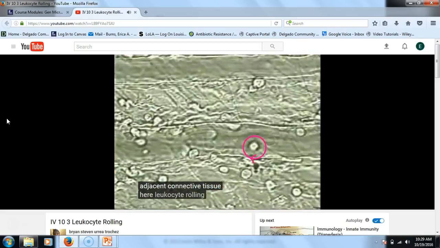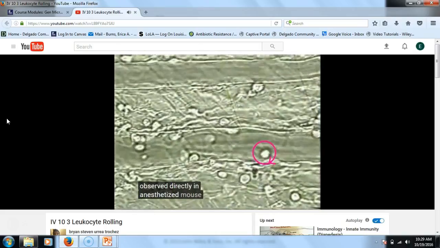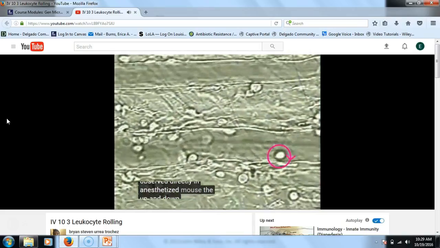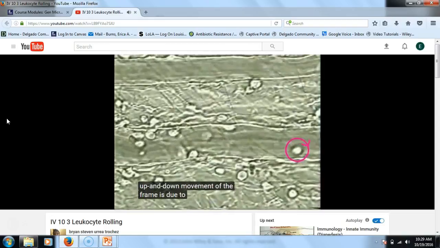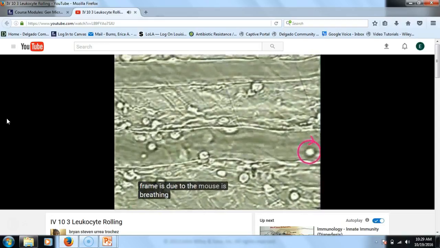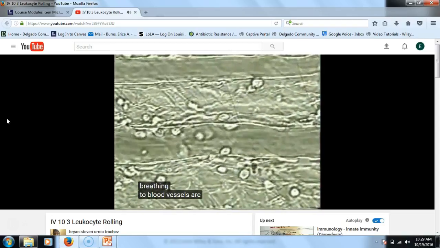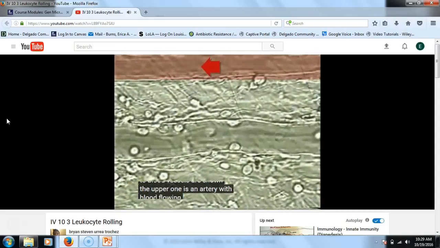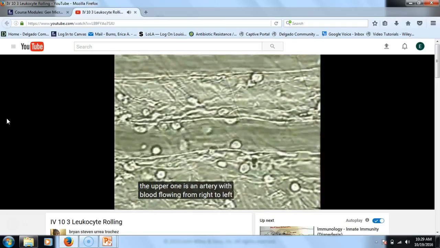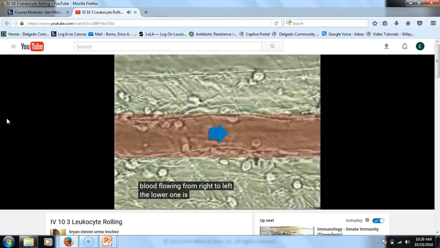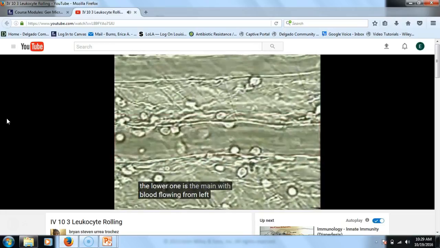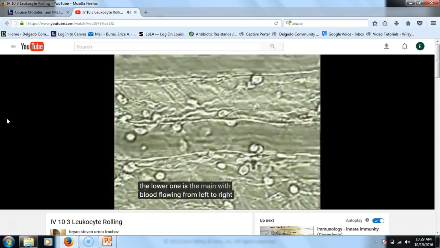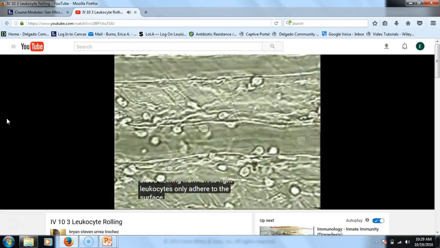Here, leukocyte rolling is observed directly in an anesthetized mouse. The up and down movement of the frame is due to the mouse's breathing. Two blood vessels are shown. The upper one is an artery with blood flowing from right to left. The lower one is a vein with blood flowing from left to right. Leukocytes only adhere to the surface of veins. They do not crawl out of arteries.